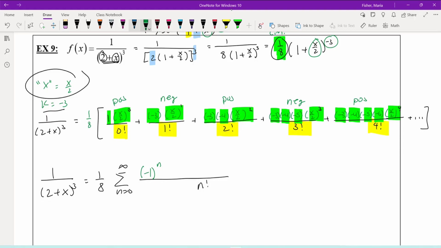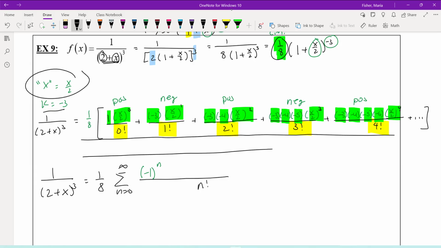Well, let's write the things down underneath it just so it's easier to see. Well, here I'm left with a 1 and then an x over 2 to the 0, here a 3, and an x over 2 to the first, here a 3 times 4, and then an x over 2 squared, 3 times 4 times 5, and then an x over 2 cubed, and then finally 3 times 4 times 5 times 6, and an x over 2 to the fourth.